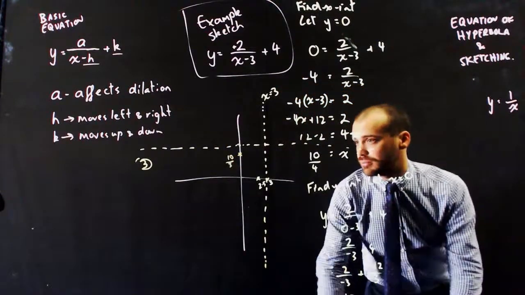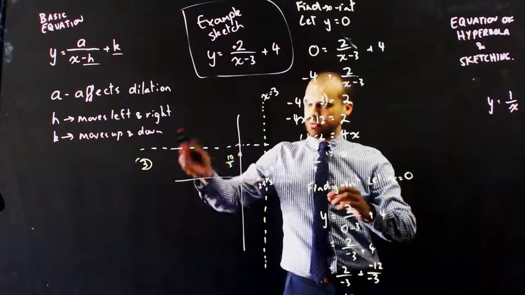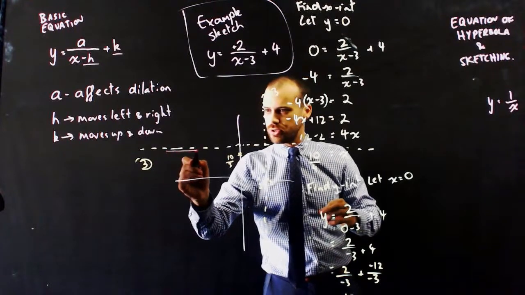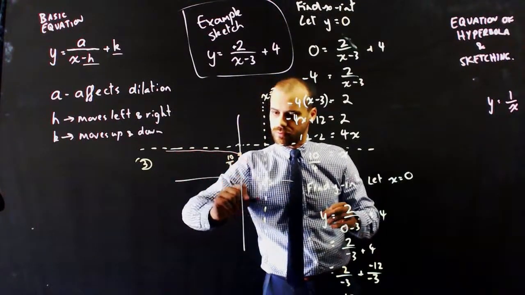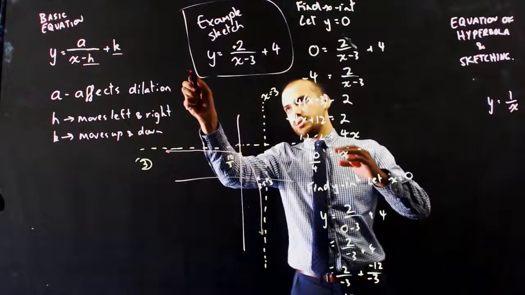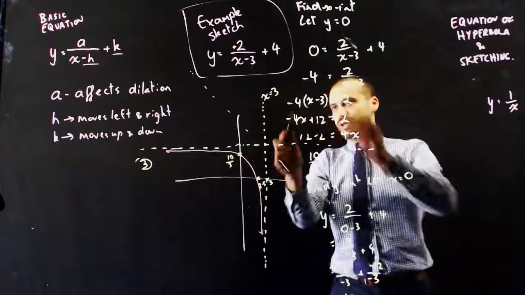Okay, that's really it. I have my asymptotes. I have two x and a y-intercept. And now I just draw them. And then remember, it's going to be symmetrical around this 45-degree angle.